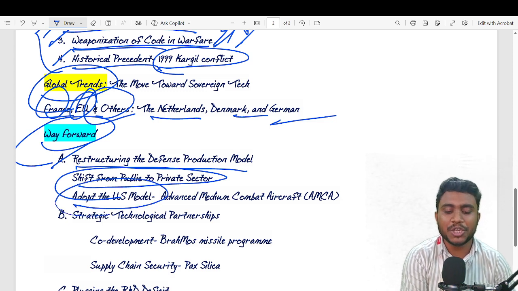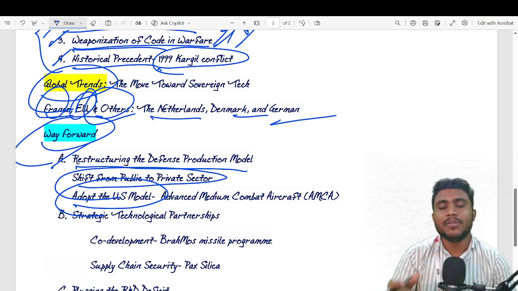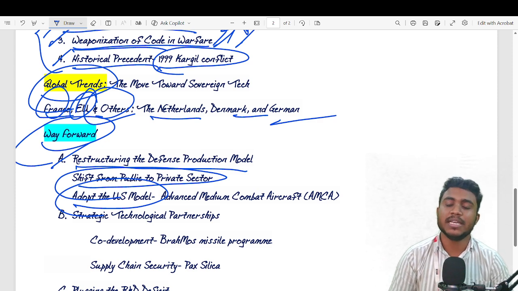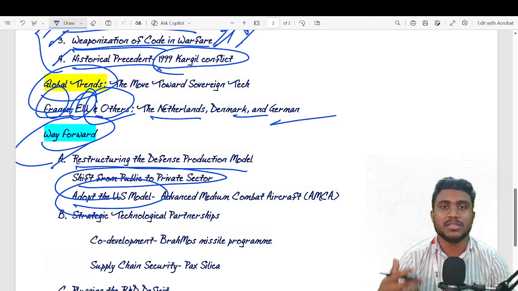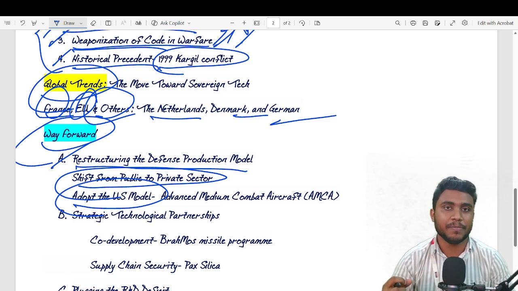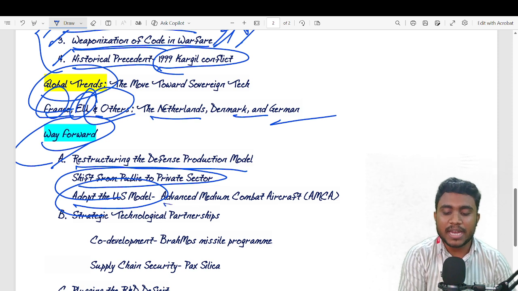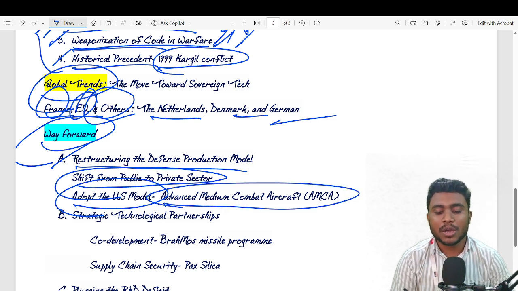Then adopt US models. What is the US model? The US model is that the government researches the product, and they share it with private sector companies. They mass produce it, and then the government procures it. So this is the US model. We already work on it in AMCA, Advanced Medium Combat Aircraft.